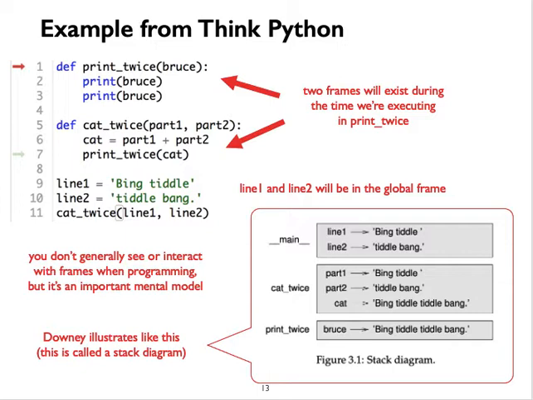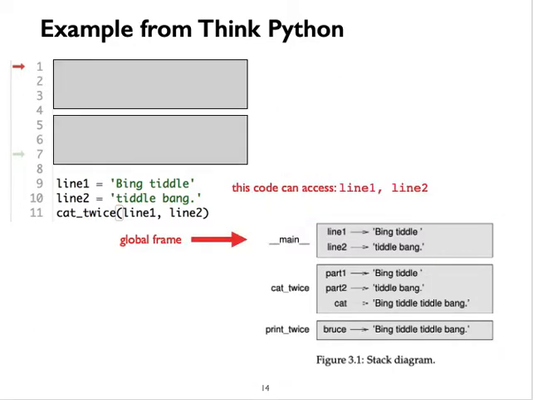What I want to focus on here is not just all the frames, but also which variables are accessible in different parts of the program. At the start of the program, those definitions that we saw earlier are not run. They're just stored in the computer's memory.